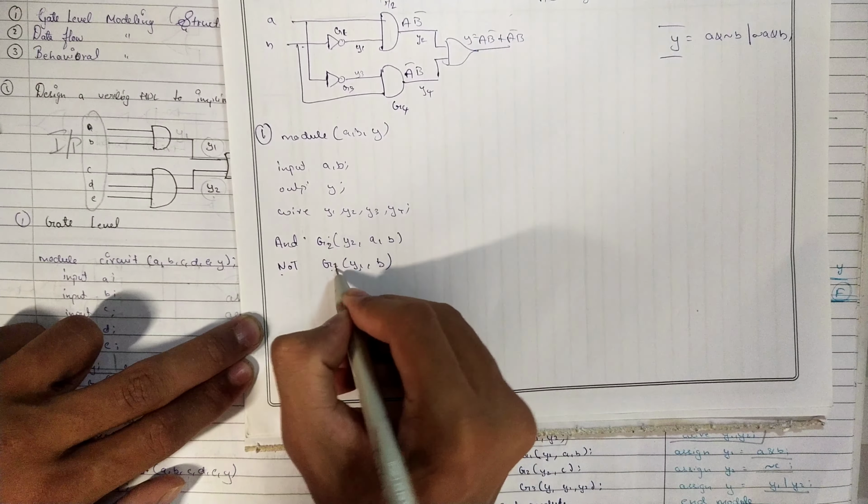Then again I will write and, that is G4, in which y4 is going as output, a comma b itself. Then the last is G5, what is the output going, y comma y2 comma y4, everywhere with a colon. Okay, so end module. This is your behavioral.